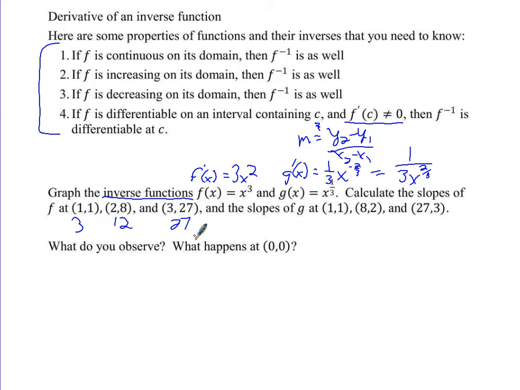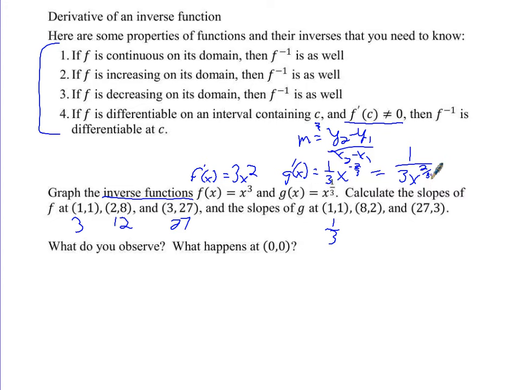Okay. Easy part done. Now, what is the slope for G at 1, 1? It's 1/3. And what is the slope at 8, 2? So remember that we can apply the cube root first and then square it, or we can square first and then cube root.